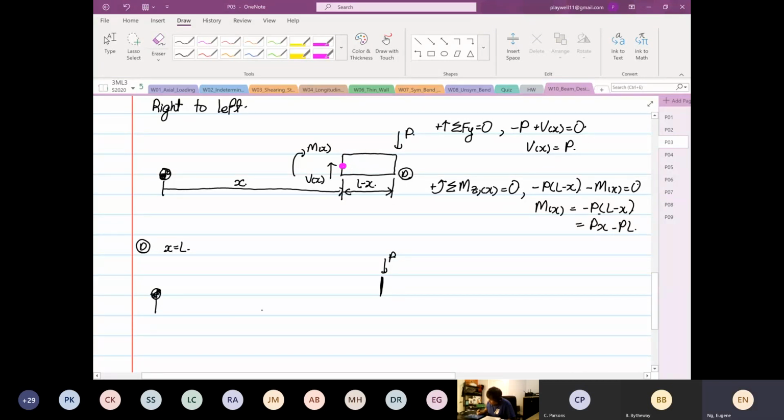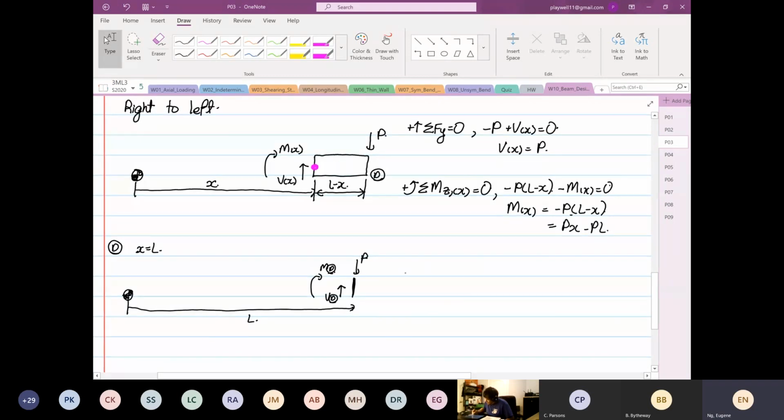Now your distance from here to here is fixed at L. Okay, positive shear V at point D, moment at point D. Positive is going up. So this is going to be minus P plus V at point D is equal to 0. So V at point D is equal to P.